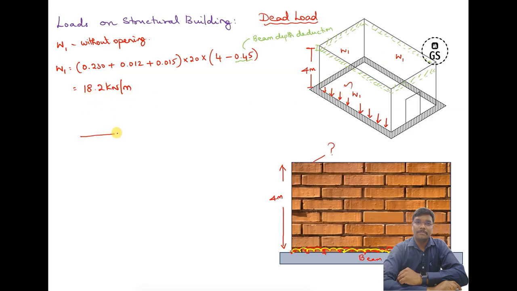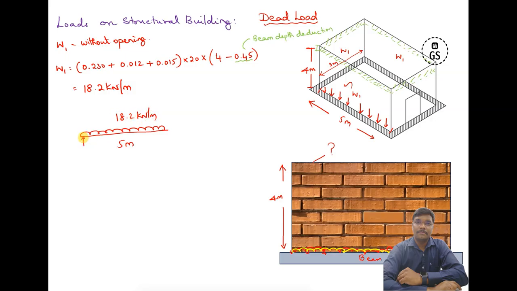Now let's take a span. I'm going to take this distance as 5 meter, and over this side let's take it as 3 meter. So for this 3 meter and 5 meter, the span of the beam is 5 meter. The load on this beam is going to be 18.2 kilonewton per meter.